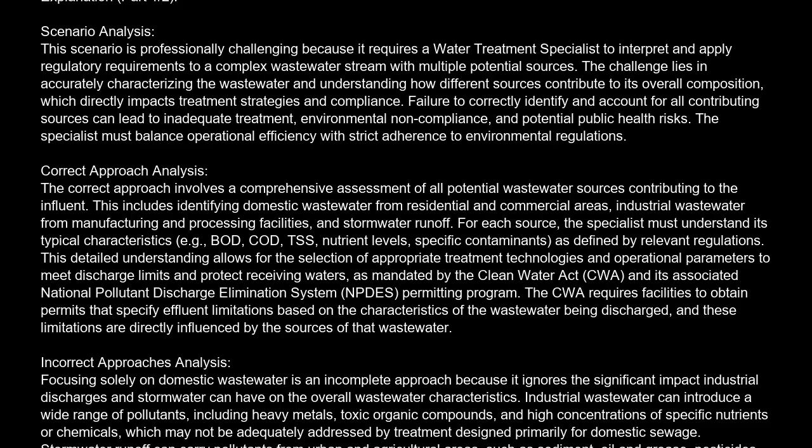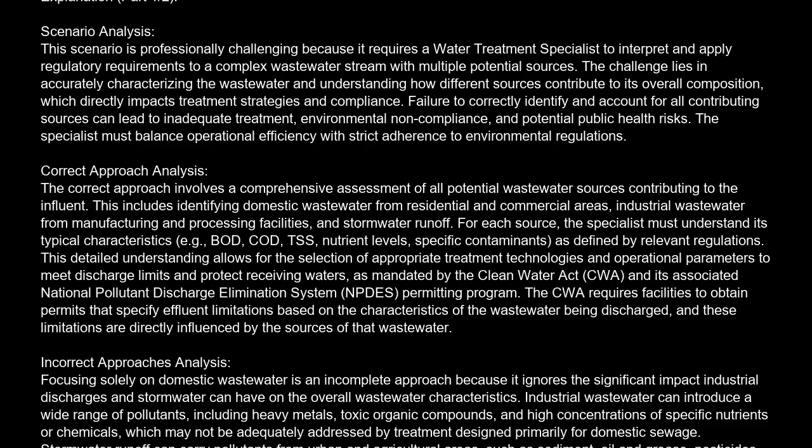Correct approach analysis. The correct approach involves a comprehensive assessment of all potential wastewater sources contributing to the influent. This includes identifying domestic wastewater from residential and commercial areas, industrial wastewater from manufacturing and processing facilities, and stormwater runoff. For each source, the specialist must understand its typical characteristics, e.g., BOD, COD, TSS, nutrient level, specific contaminants, as defined by relevant regulations.